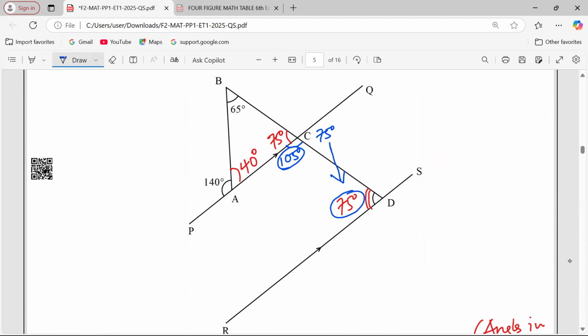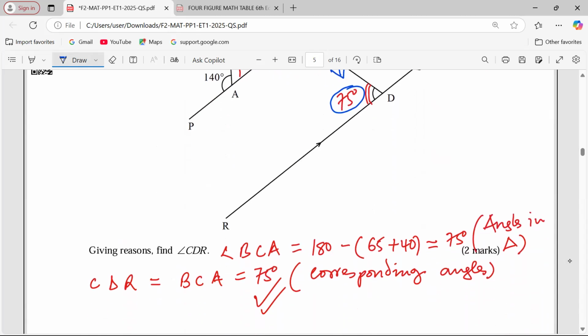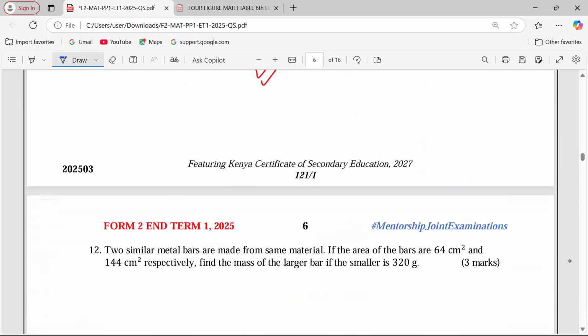They add up to 180. So 105 plus the unknown angle on the other side must give us 180, meaning that the remaining angle is 75. So we can use several approaches and we get the same answer. So it's good for you to understand the angles.